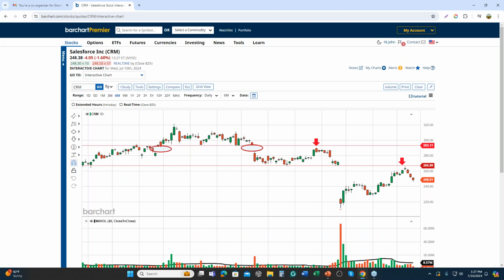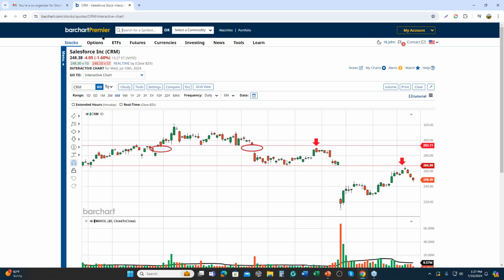So again, when we see some of these patterns, these distribution patterns or head and shoulder patterns, you will discover levels of support. And when the market breaks down from those levels of support, they now become levels of resistance.